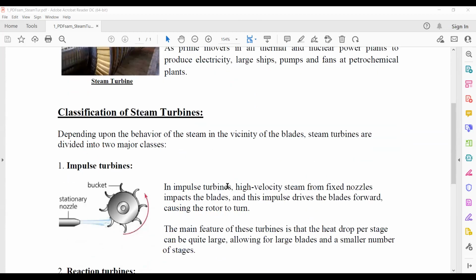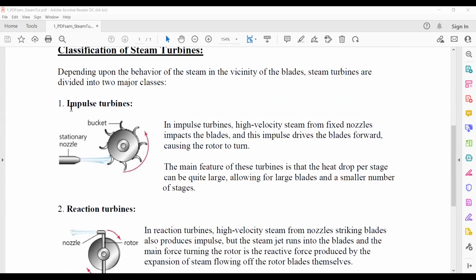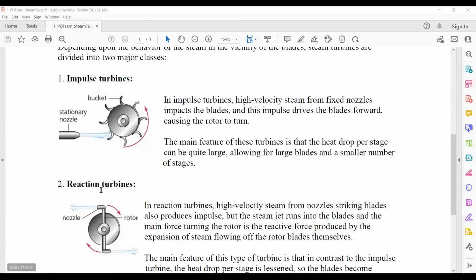Now the different classification of steam turbines, as we have seen already: impulse turbine and reaction turbine, depending upon the behavior of the steam in the vicinity of the blades. See here is the stationary nozzle. In case of the impulse turbine, there is a stationary nozzle that is directly taken from the boiler.